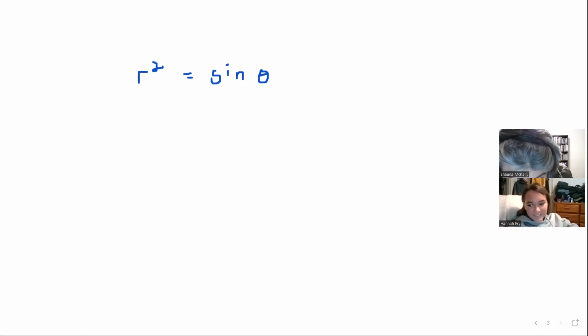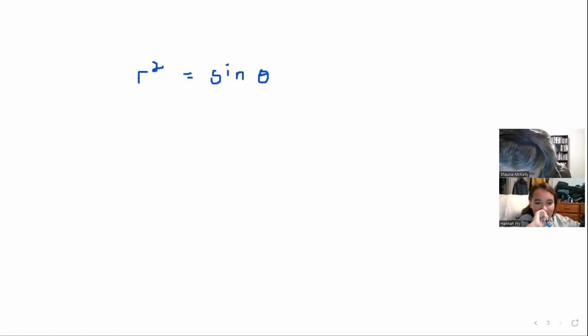I'm looking to see if there's, yeah, they have 2 sine theta. They have a bunch of these, but they don't have r squared is equal to the sine of theta in rectangular. They have r equals 2 sine theta, which is probably what you thought you were doing. But in this case, wait, no, it was r squared equals 2 sine theta.